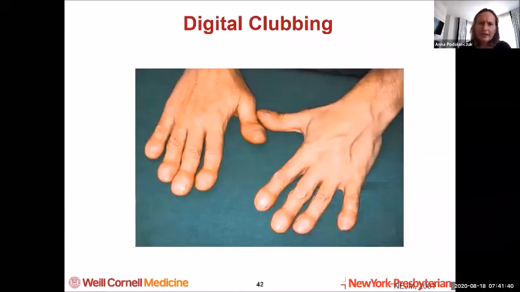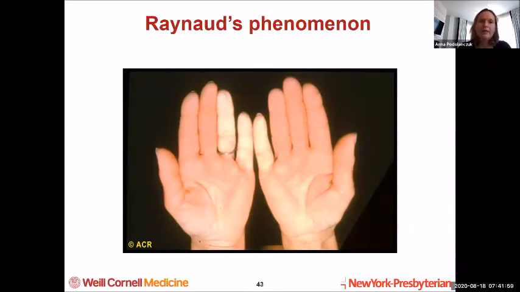So here are some examples of things you might see on exam. There's an example of digital clubbing. This is often seen in IPF, but can be seen in other types of interstitial lung diseases. We don't really understand the pathophysiology of it, but patients, especially with more advanced disease, can develop this typical clubbed appearance to their fingers. I look for Raynaud's, or I ask them about Raynaud's, and this is really their fingers turning white or red or purple when it turns cold.